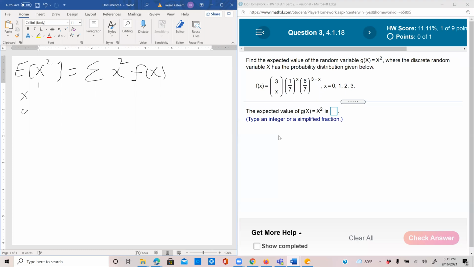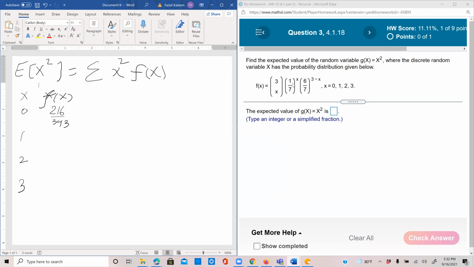X is 0, 1, 2, and 3. And then we'll need an x squared. First we can do f(x). So f(0), you substitute x equals 0 here, you get 3C0, (1/7) power 0, and (6/7) power 3. So that would be 216 over 343. Similarly, f(1) will be 3C1, (1/7) power 1, (6/7) squared.